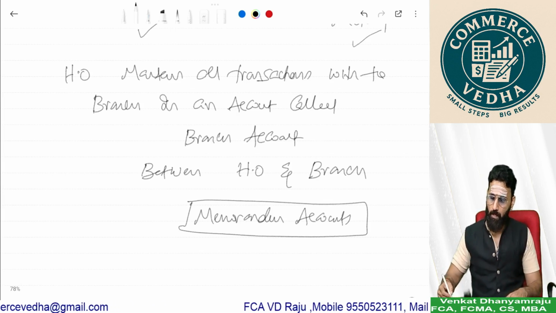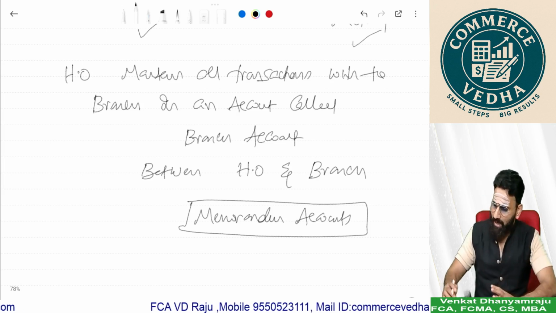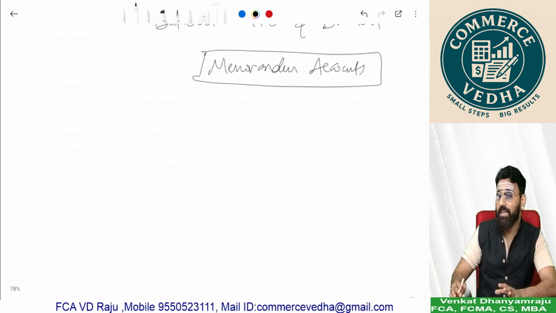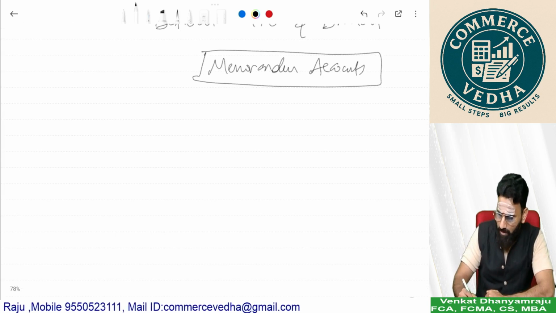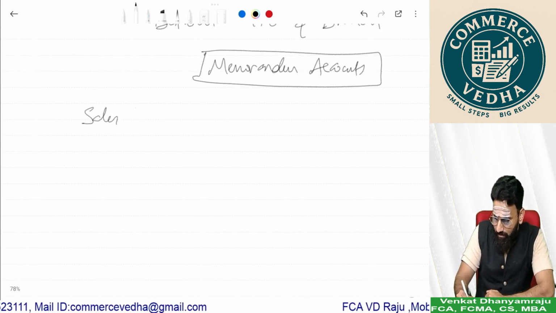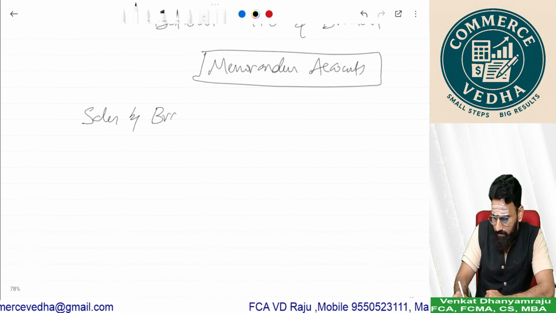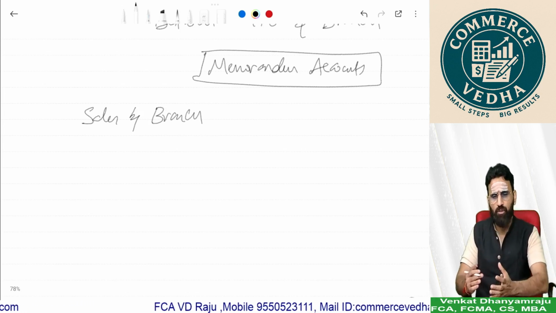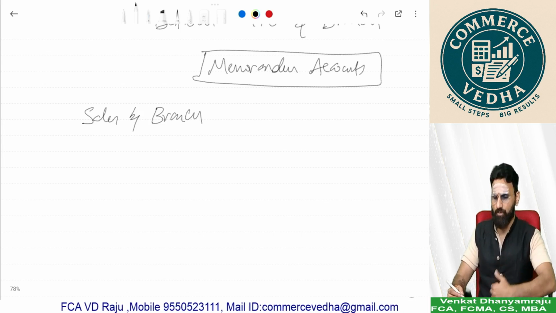Now, what exactly are the transactions which are internal, which can be ignored? Say sales by branch. There is no transaction here directly linked with HO.